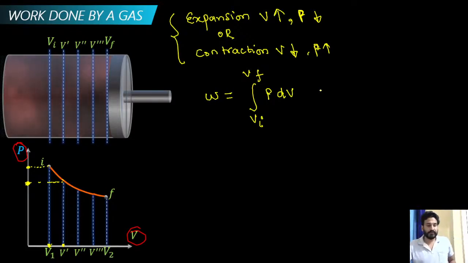So this is the PV graph, and this is the mathematical explanation for this. Yes, Mohammed, is this clear to you or not?